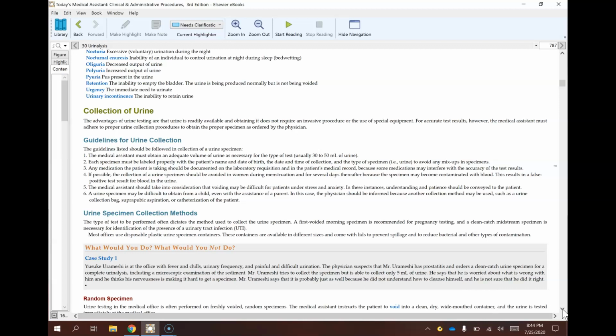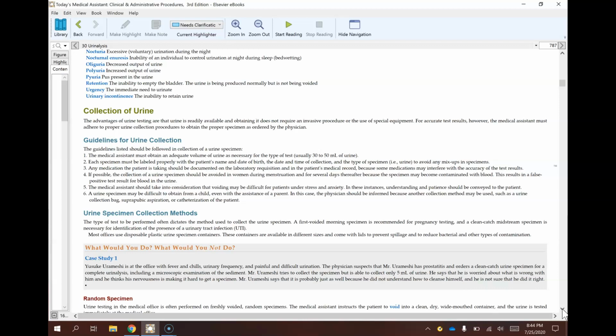It's important to find out if a woman is on her menstrual cycle, because there would be blood in the urine and that would be expected. If you need to get a urine sample from a young child, oftentimes we use something called a hat, which is just a collection device.